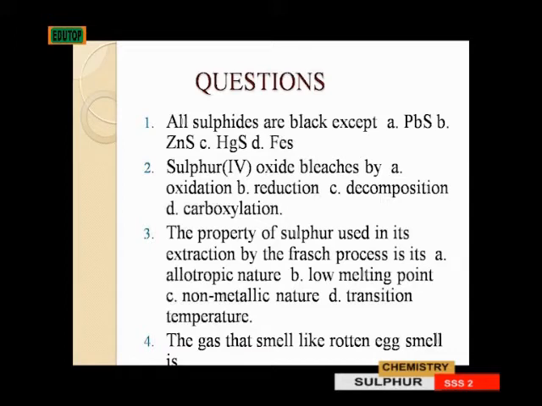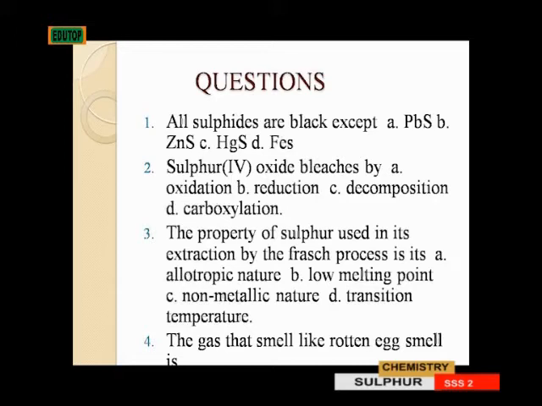The property of sulfur used in the extraction by the Frasch process is its: A. allotropic nature, B. low melting point, C. non-metallic nature, D. transition temperature.